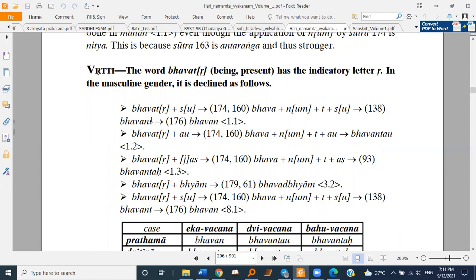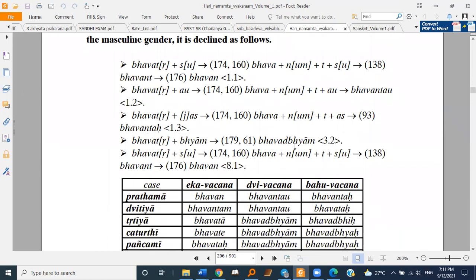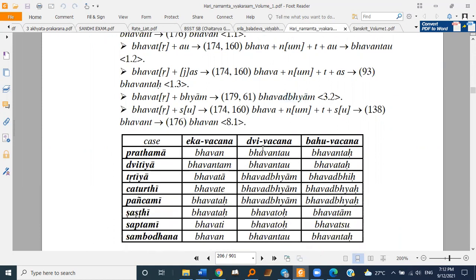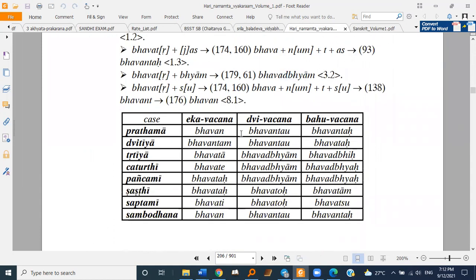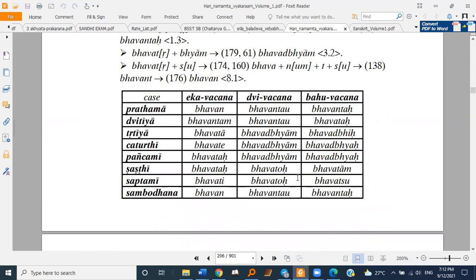And then Ta Rama is deleted. Satsanganta Sahara Vishnu Vedante. So we get Bhavan. Bhavan and then Bhavantau, Bhavantaha, Bhavantau, Bhavantaha, Bhavataha. 2.3 will be Bhavataha, Bhavata, Bhavadbhyam, ityadi. So simple. Same rules. That was Bhavatri.